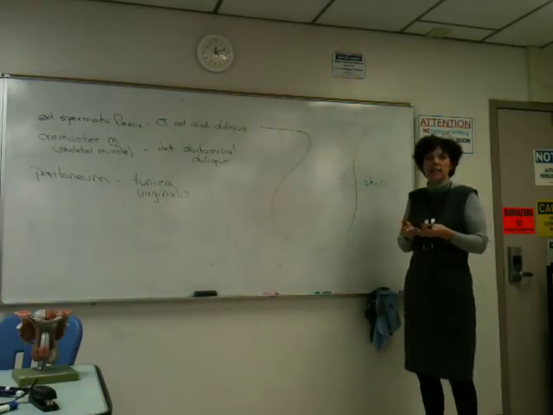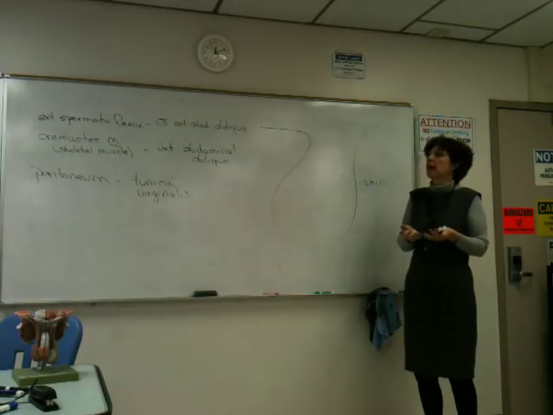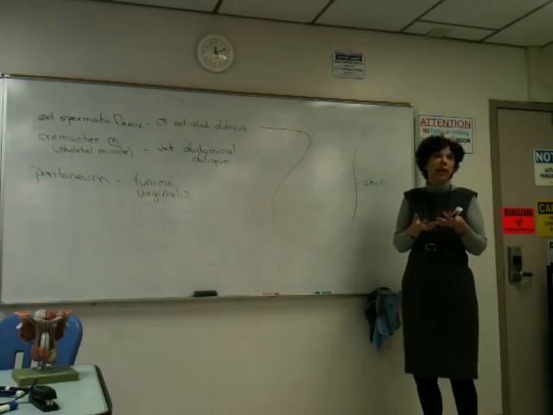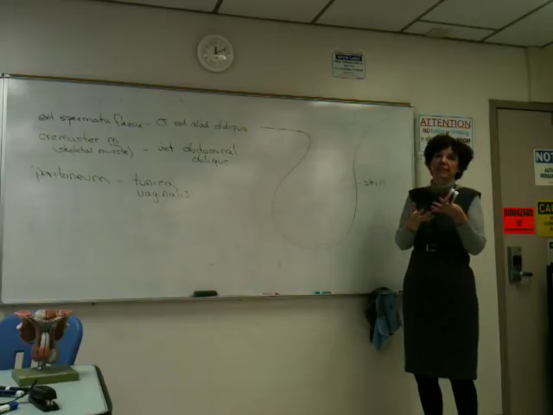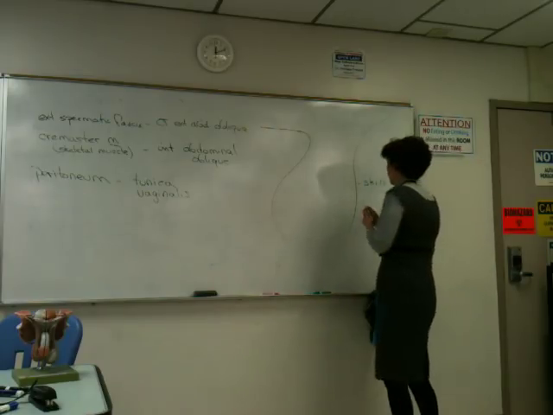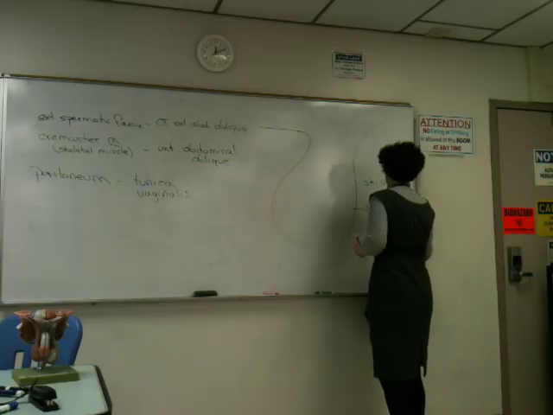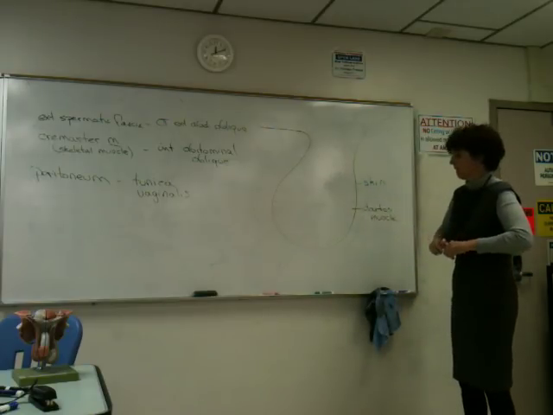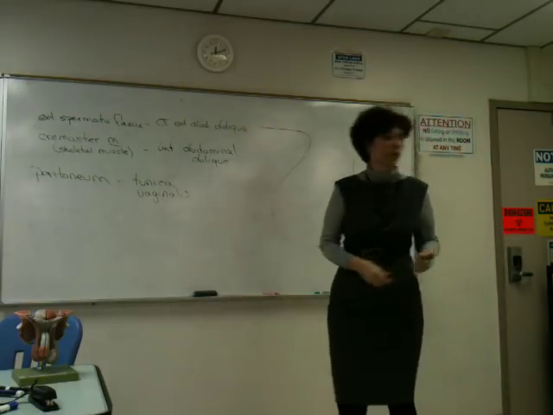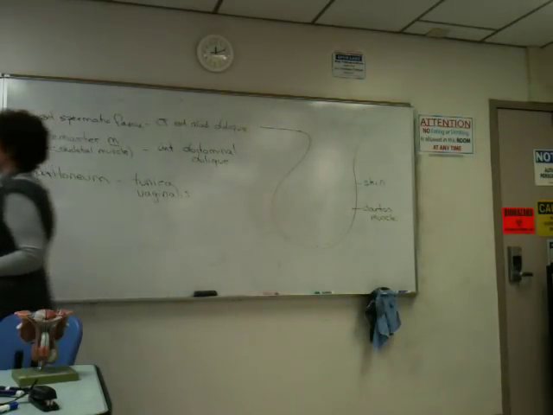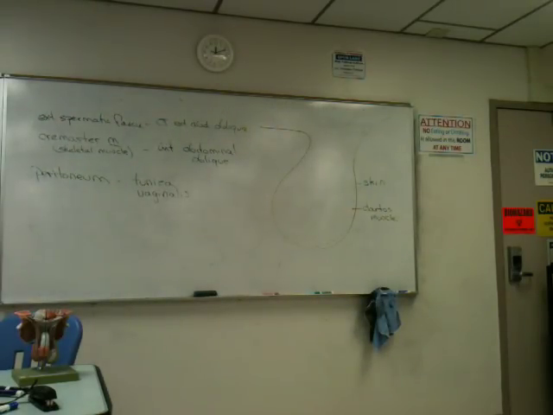Its function is to help keep the temperature of the testes from getting too cold rather than too hot. This is smooth muscle, so it's under autonomic control. And that's this yellow line on the diagram.